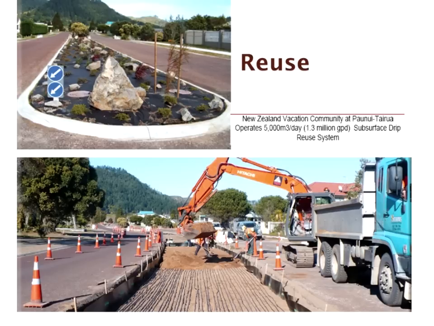This particular system is 1.3 million gallons per day. It was designed by URS. They've written a paper on it. I'm almost sure it's on our website, but I'm not 100% sure.